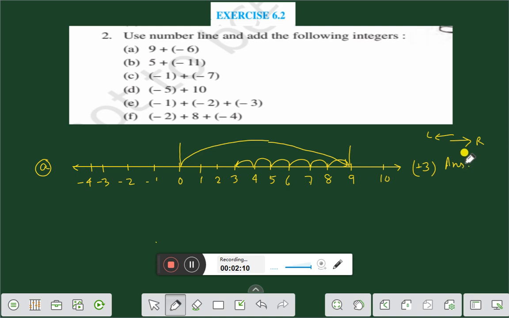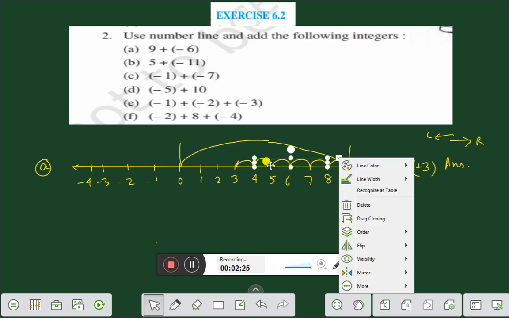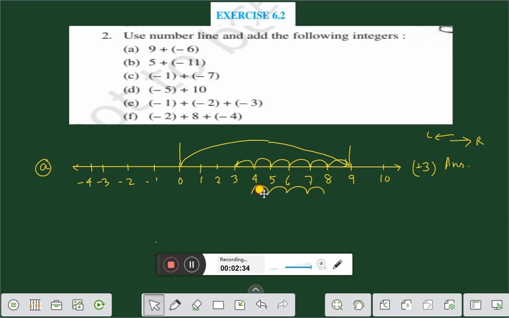Now we'll do question number B. Another line we'll draw, that means we'll rub this one.